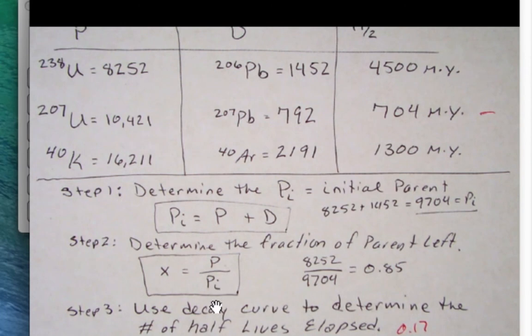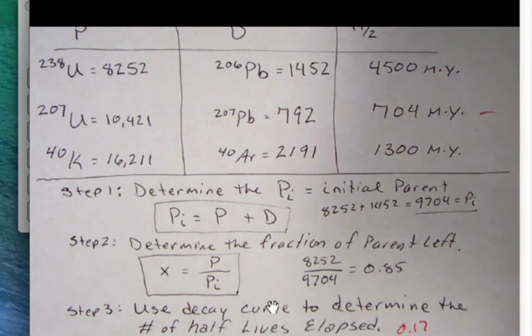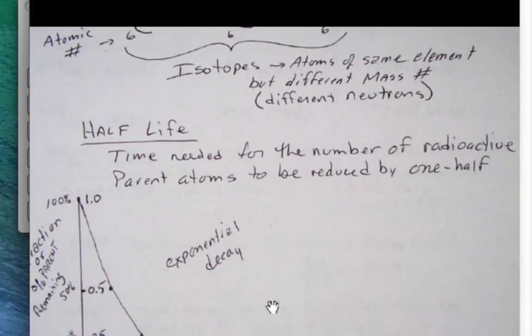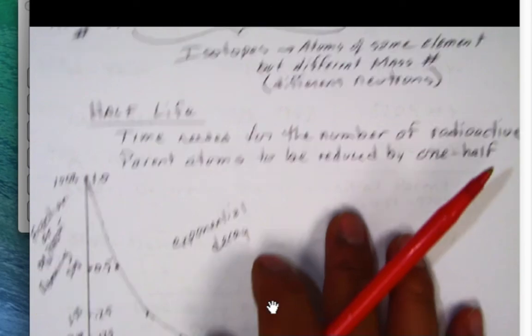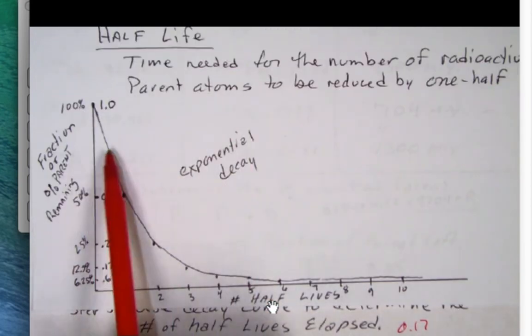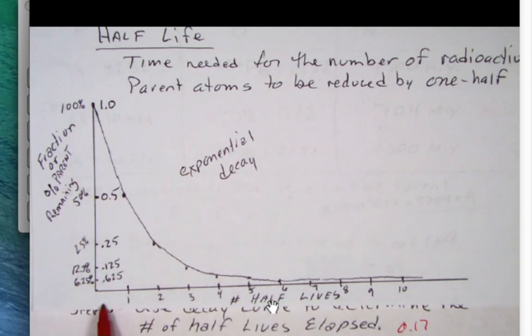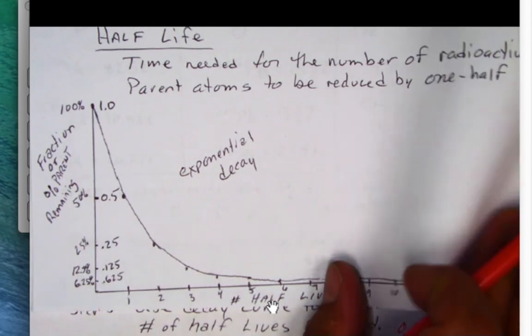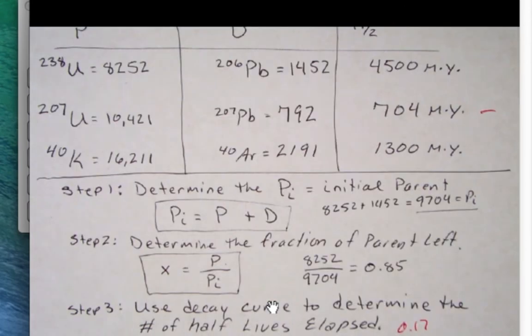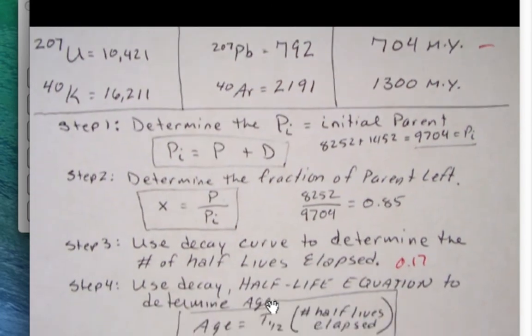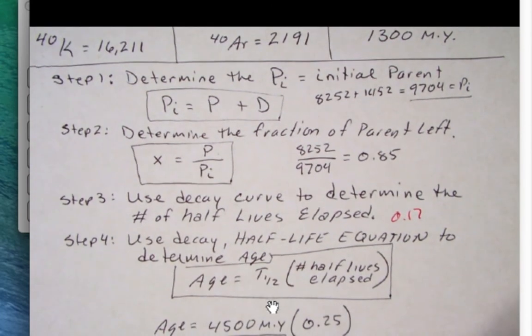Then go to the decay curve, and you could use one like this one here. You could just make your own, like I made this one here. If you use graph paper, you might be able to get it more fine-tuned. Figure out where it's going to intersect, and then drop down to get your half-lives elapsed here. And then you want to use the age equation to determine the age of the sample.